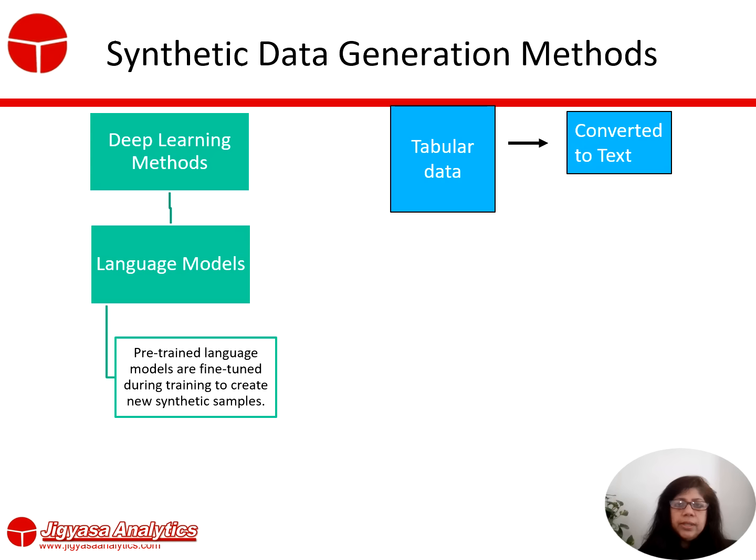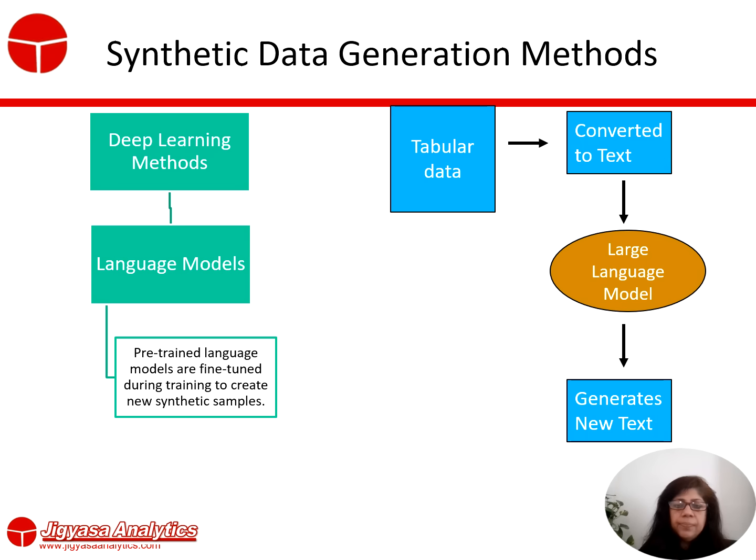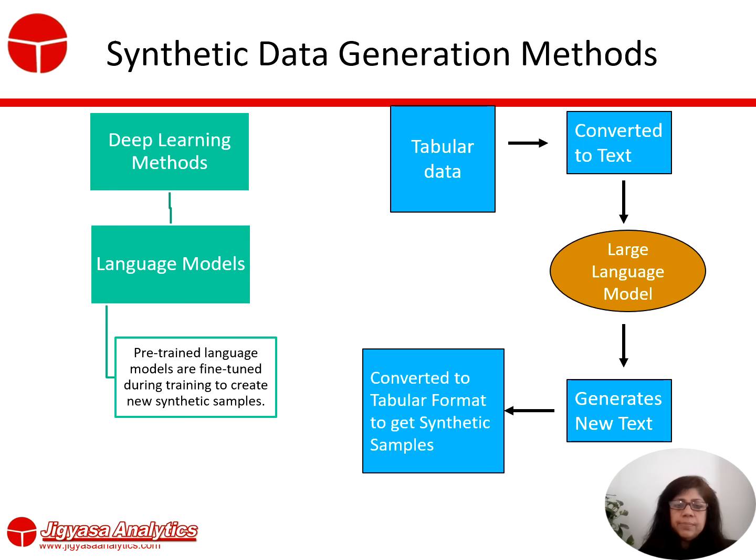In order to convert this variable into textual format, we use the words age is 50. This text is then fed into a large language model, and this can then spit out new synthetic textual data, which again is then converted back into tabular format to get synthetic samples.